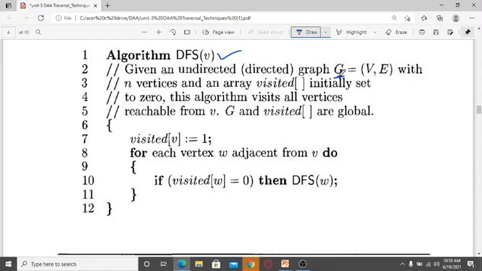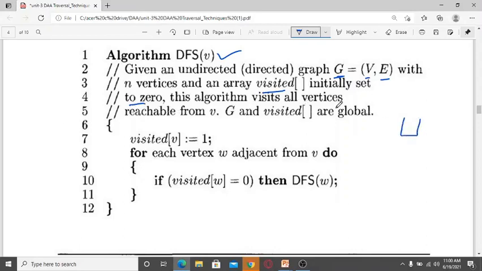The graph has, as I told you, two things, vertices and edges: n vertices and an array visited initially set to 0. First we are setting it to 0. Okay, no one is visited. That means the stack is empty.